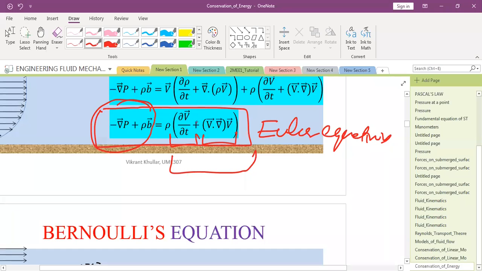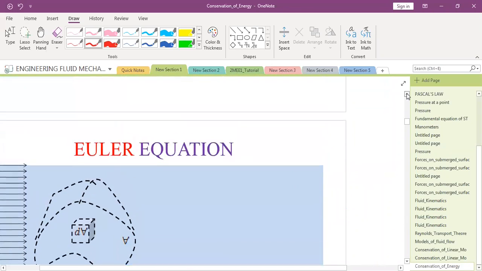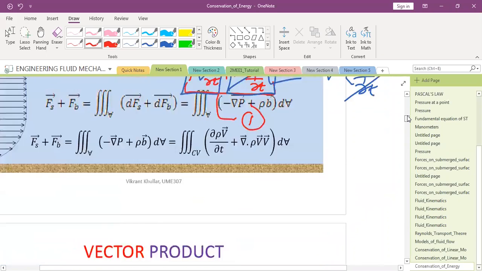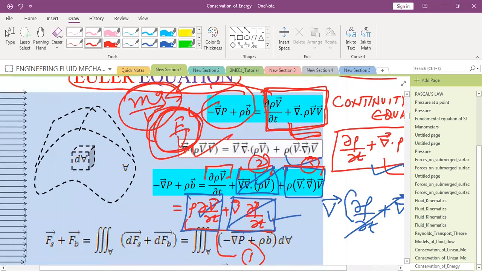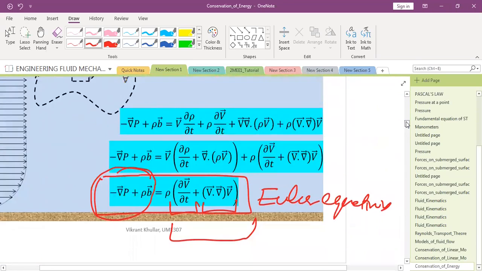That is the only manipulation I have done. This manipulation has been done by using two things: the product rule and the identity I used. Any doubts to anyone?